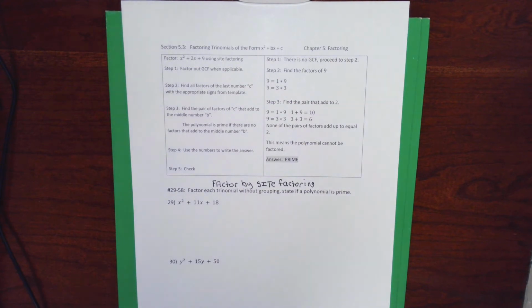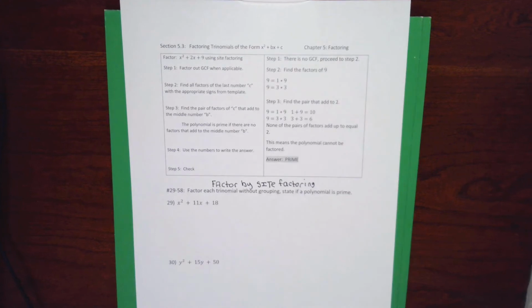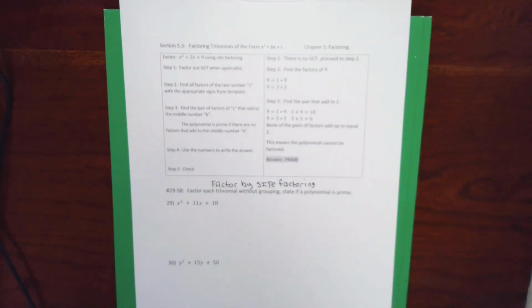The reason we do the first 28 problems is because that technique is going to be used if there is a number in front of the squared term. So it's an important technique to learn when the problems are a little less complicated, so that as the problems get more complicated in section 5.4, the transition isn't so bad.